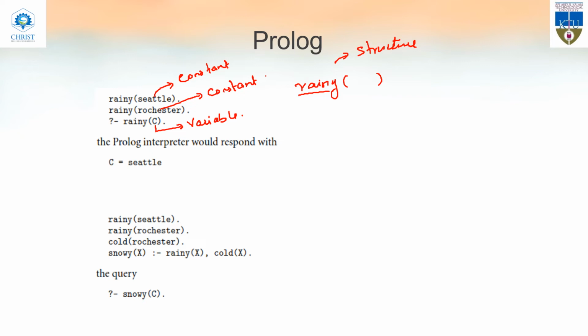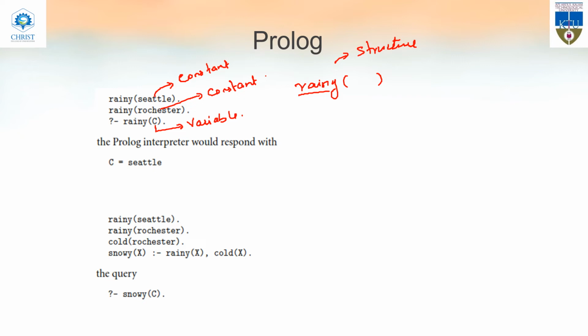So Seattle is a constant, Rockstar is a constant, C is a variable, and rainy is actually a structure. Clear? I hope you understand what a constant is, what a variable is, and what a structure is.